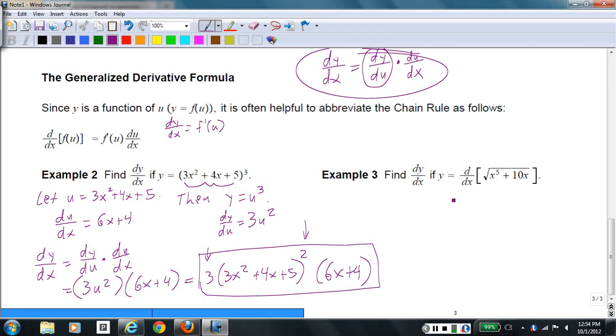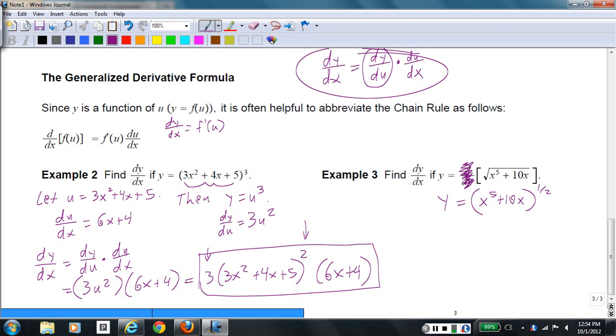Let's try this one. Y does not equal the derivative of this. We're not finding the second derivative here, so this is a misprint. Sorry about that. Y is just that expression. So Y equals (x to the 5th plus 10x) to the 1/2.